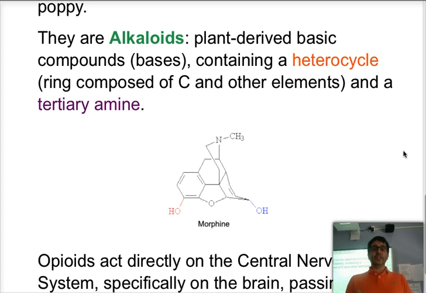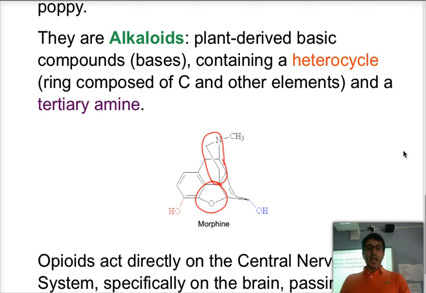If we're looking at morphine, we're looking at two different rings that are heterocycles. We have a ring there that is composed of carbons and oxygen, a 5-member ring, and we have a 6-member ring there that is composed of 5 carbons and 1 nitrogen. So those are the heterocycles.